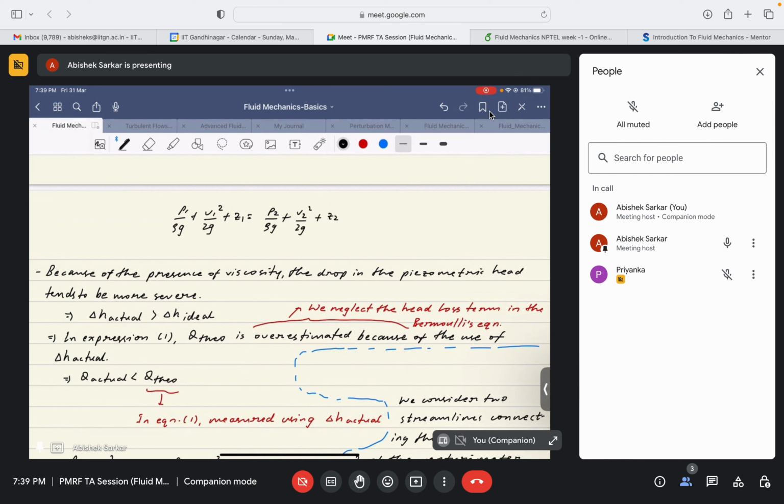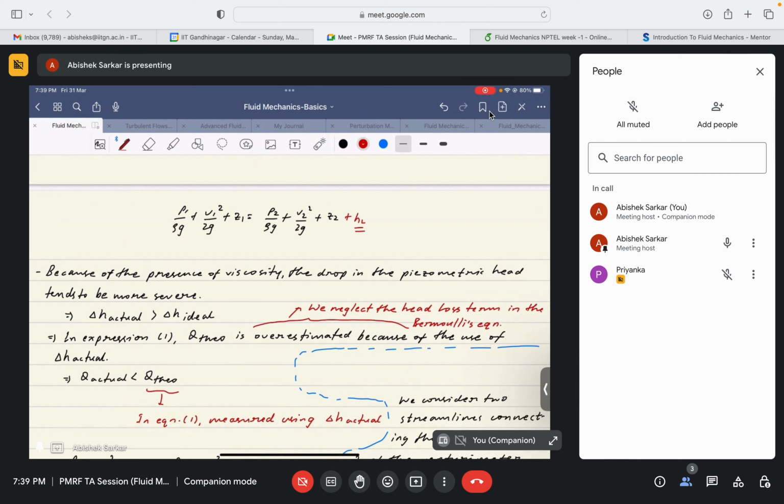So what happens is that for the equation for finding the mass flow rate in a venturimeter, we neglect the head loss, that is there is some delta H, we neglect this term while deriving the equation for the mass flow rate in a venturimeter, right?